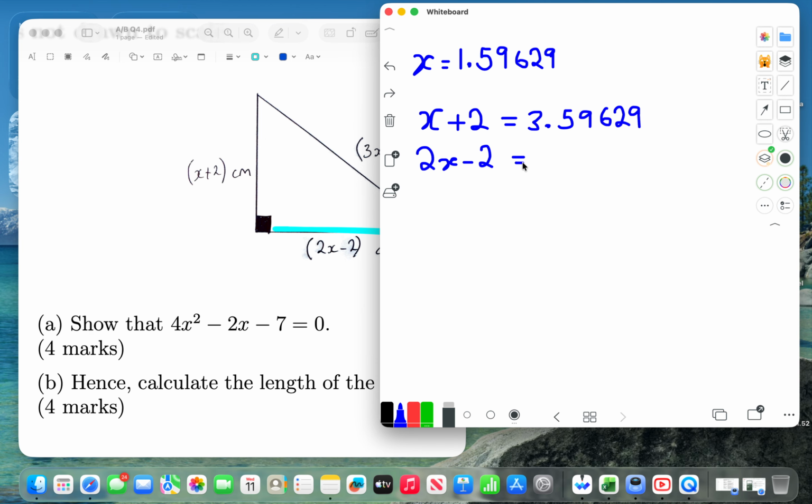You see, we're just checking to make sure all of the sides are positive. That would be 1.19258. So we see there that both of them are greater than 0, and we just then want to find the hypotenuse.